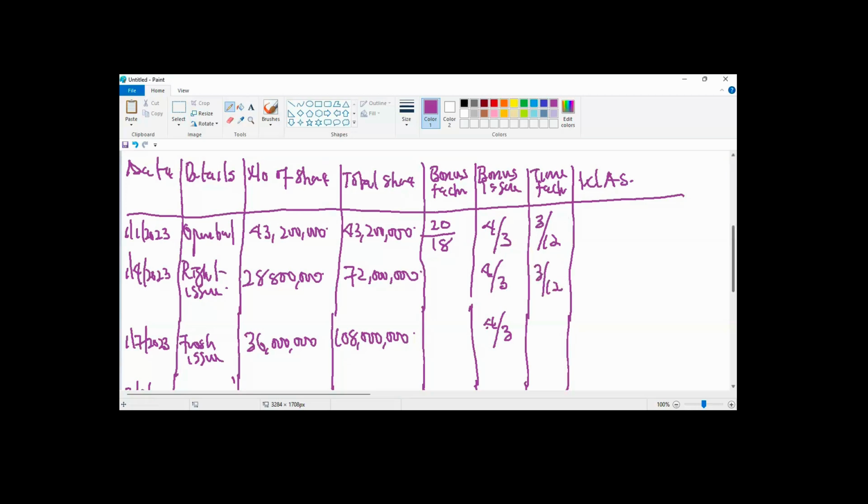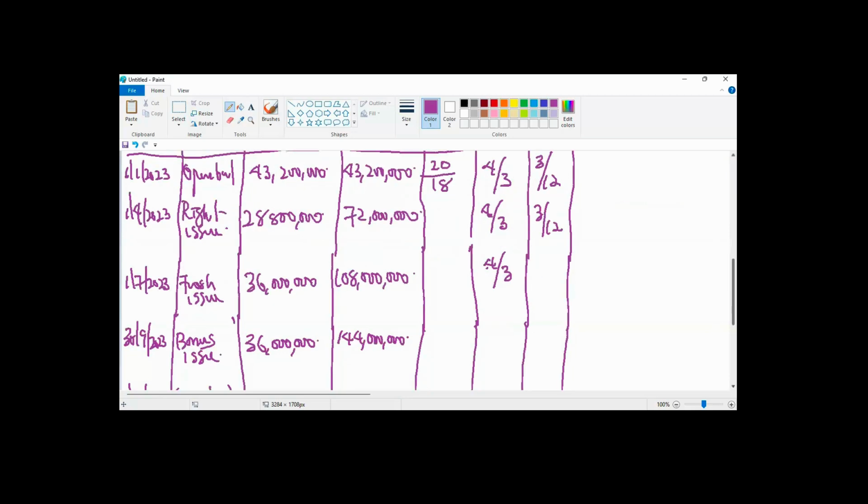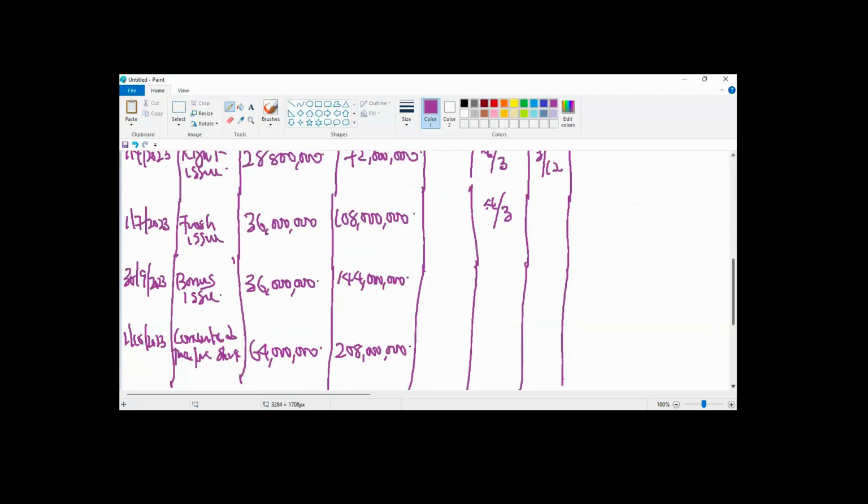Then from 1st of July to 1st of September. It's not 30th September, it's 1st September, thank you.